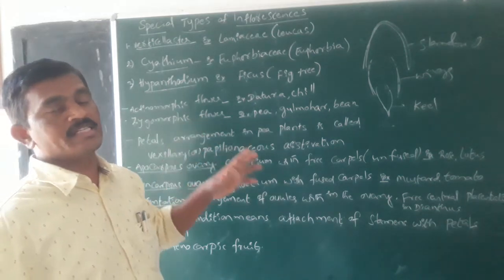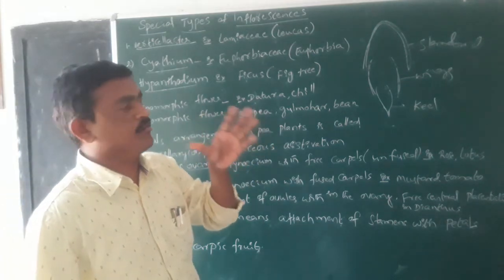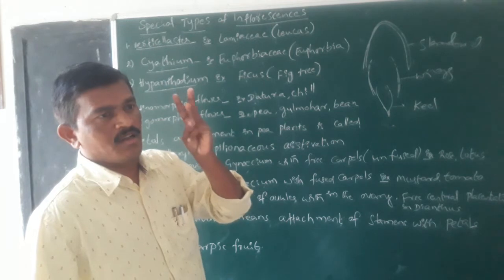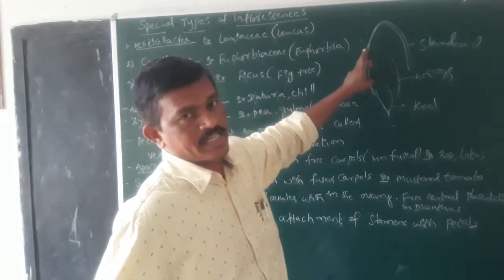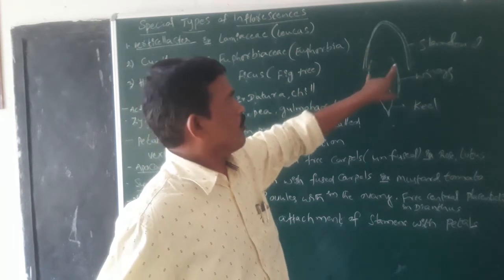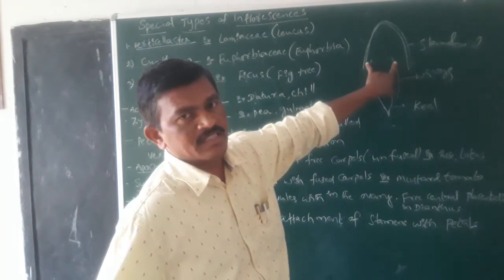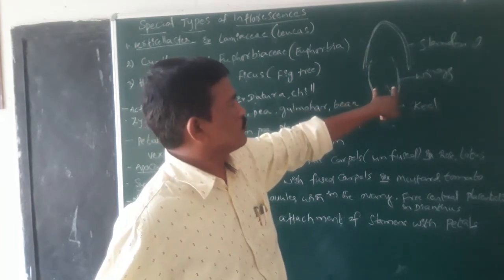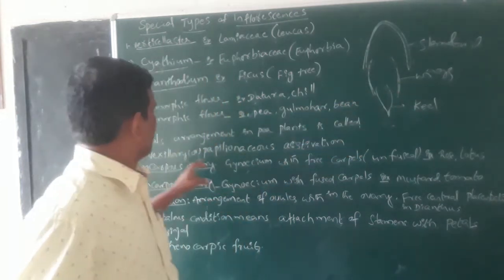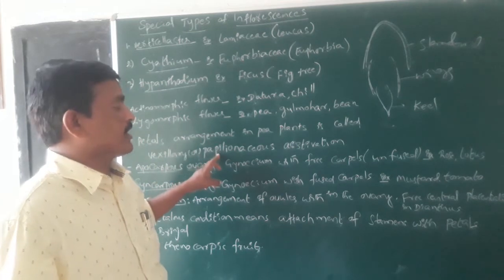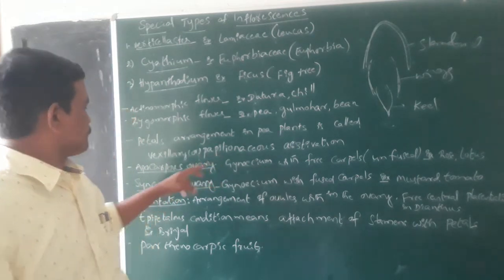So papilionaceous aestivation means there are 5 petals in 3 sizes. The larger one is called the standard petal. It overlaps the margins of the wings. Again these 2 wings overlap the margins of the keel. That kind of arrangement is called vexillary or papilionaceous aestivation.